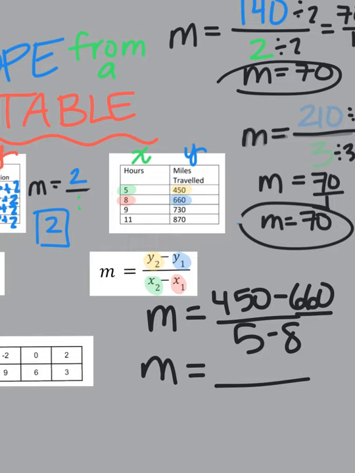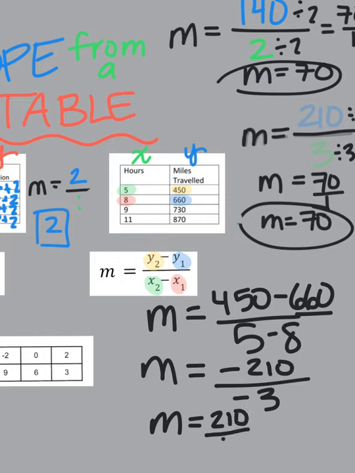So 450 minus 660 gives me negative 210. 5 minus 8 gives me negative 3. A negative divided by a negative makes a positive. And so I'm left with 210 divided by 3. And if you put that in your calculator, ta-da, you end up with 70.